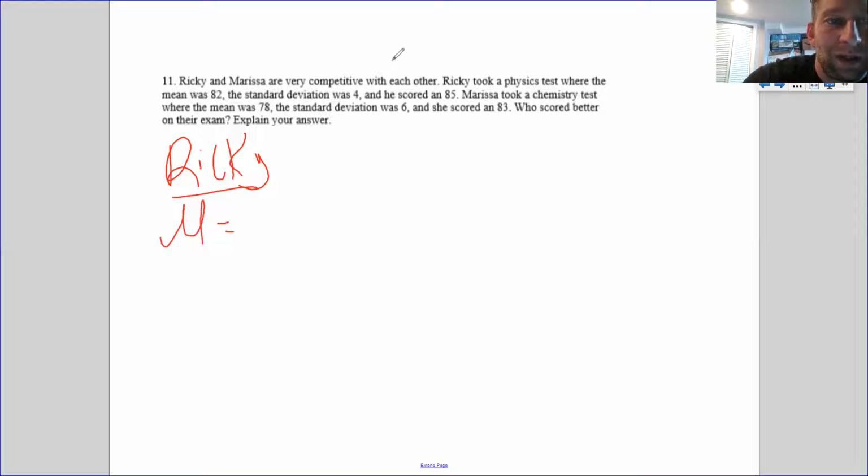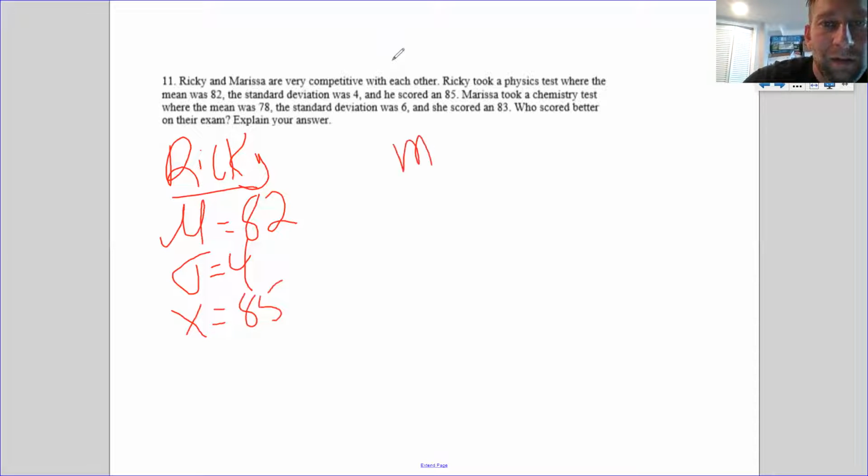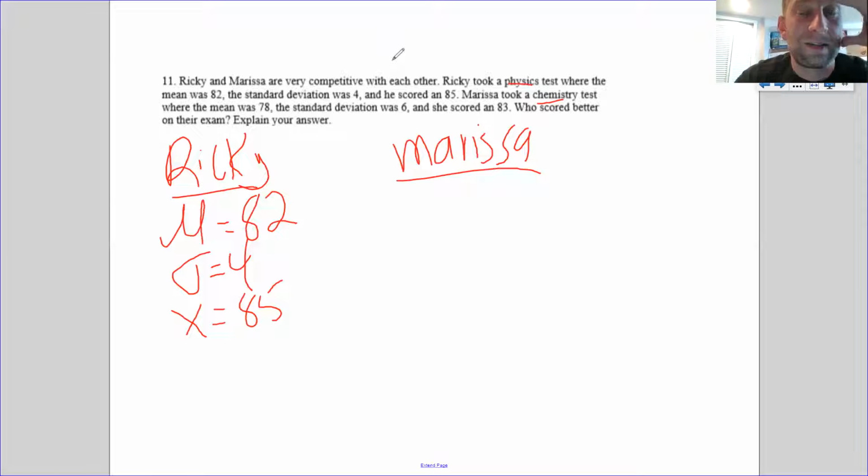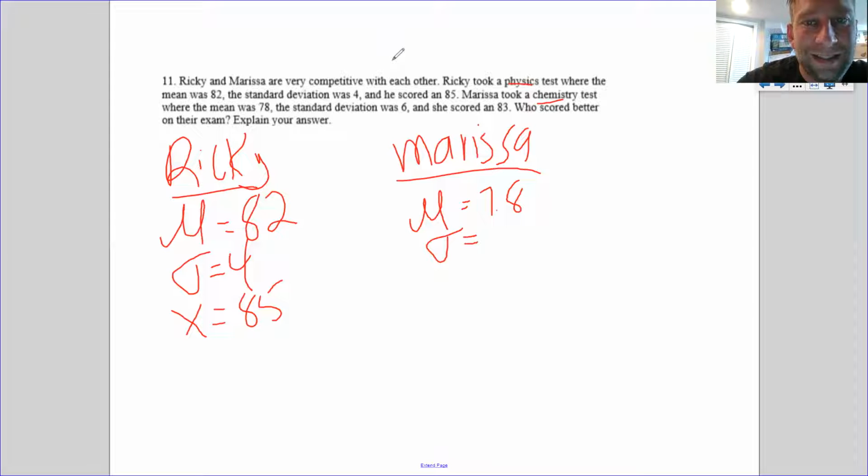So mu is 82. Standard deviation is 4. And his score, let's call it x, is an 85. Marissa took a chemistry test, so they're in different classes, so you can't really compare this data directly, where the mean was 78, standard deviation was 6, and she got an 83.